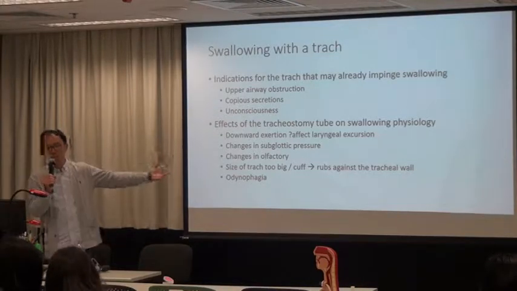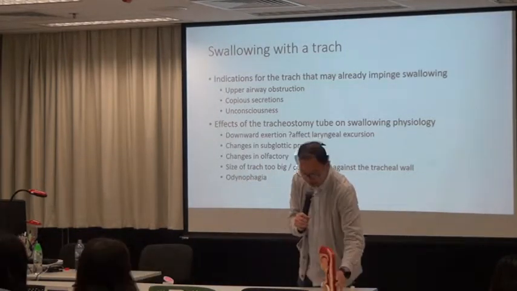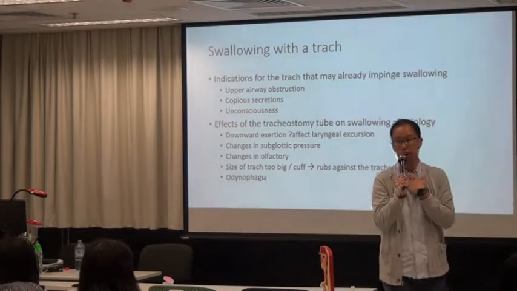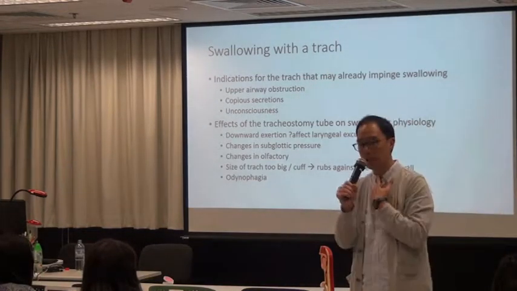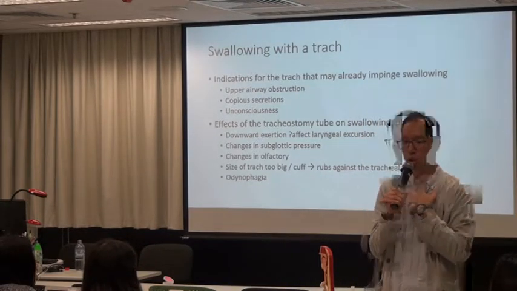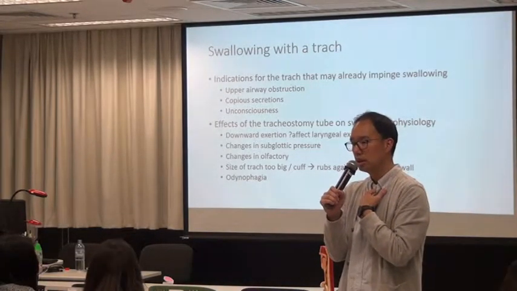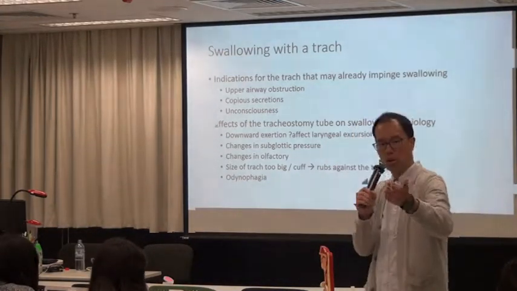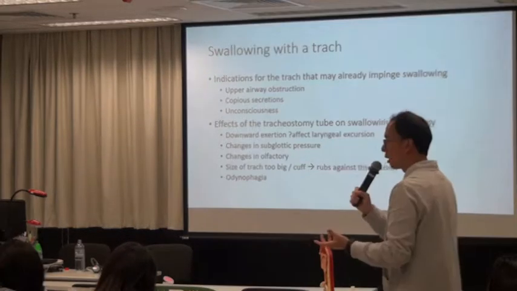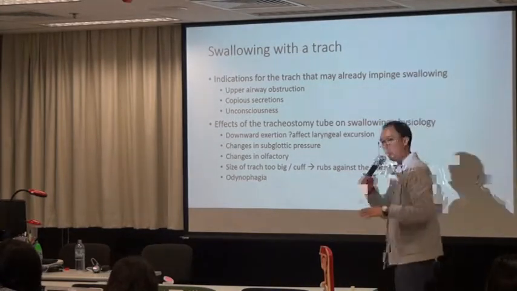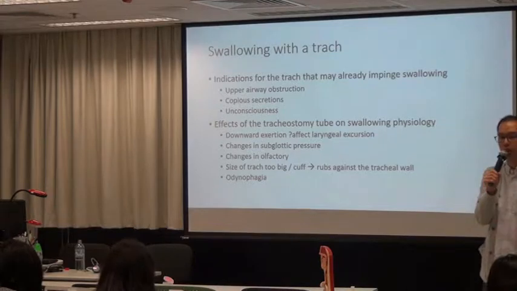And it does. They make a lot of sense. First of all, the downward exertion. If you have a tracheostomy tube right here, at the third and fourth ring of the trachea, right? Try swallowing your saliva now, as compared to pressing a finger where the trach would be and swallowing again. Is there a difference? Some people say yes, so the downward exertion affects your laryngeal excursion or elevation. But there is no study that completely proves that having a trach will definitely affect it in this way.